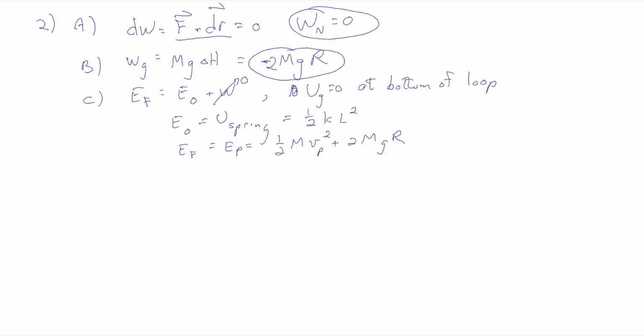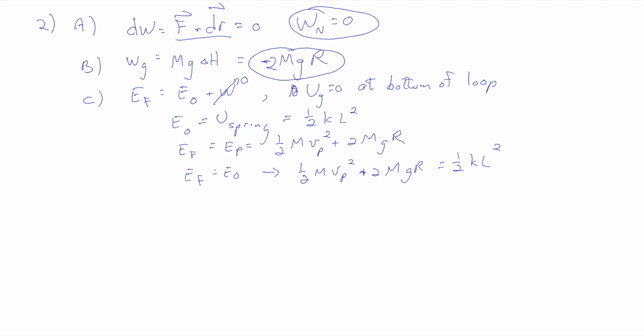Okay, so all we have to do now is use our conservation of energy concept, E final equals E naught, which tells us that 1/2 mvp squared plus 2mgr equals 1/2 kL squared.